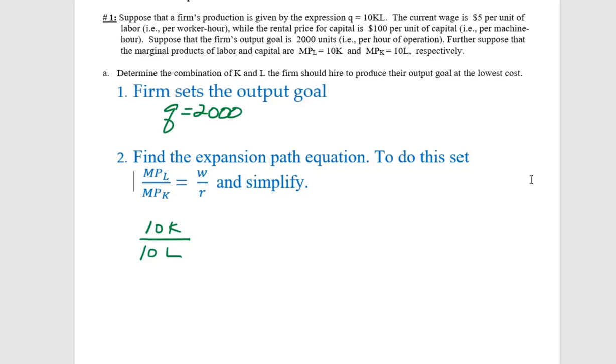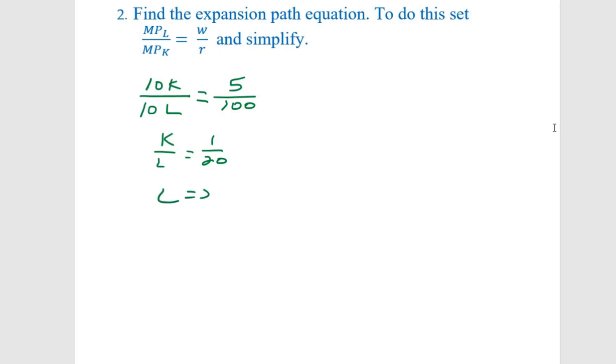10K over 10L equals 5 over 100. We'll just simplify this. So this is actually K over L equals 1 over 20, or L equals 20K. So this is our expansion path. Remember, this tells us all the combinations of capital and labor that we would hire at all of the various output levels to minimize the cost of production.